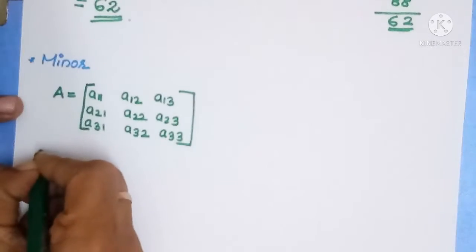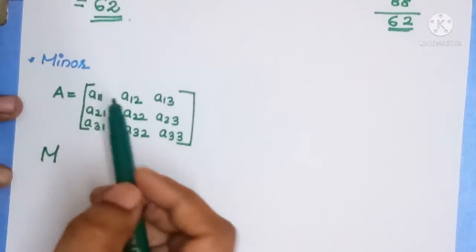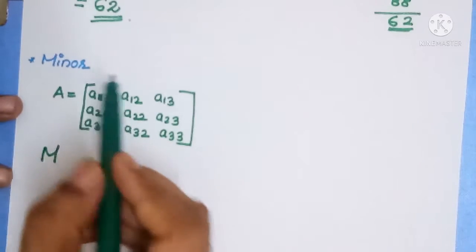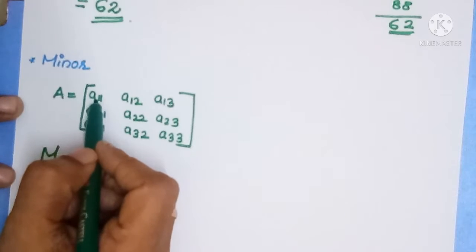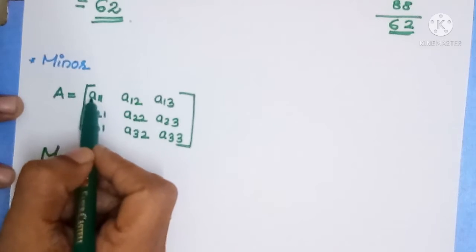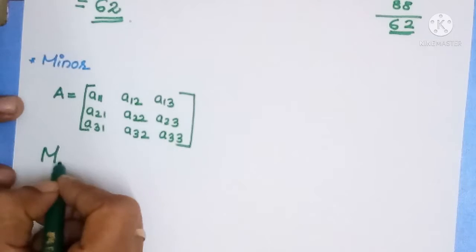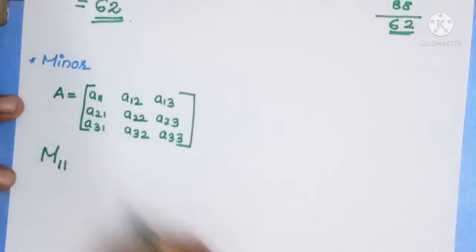Minor can be represented as M. Here we can find the minor values of all the elements of a matrix. First I am going to find the minor value of the element A11, which includes the first row and first column. So we indicate the minor value of this first element as M11.